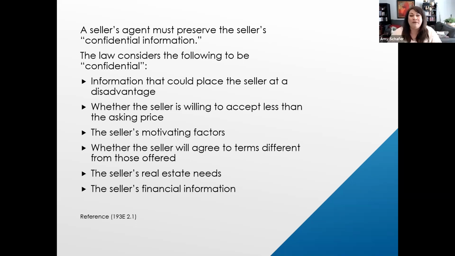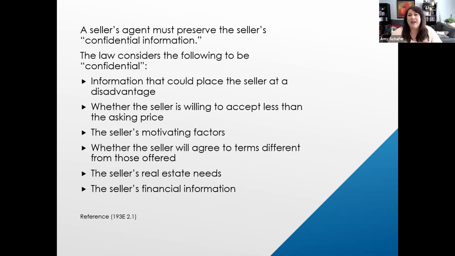The seller's motivating factors. This could be a big job transfer or job promotion. It could be a divorce. That's always a big one. Again, anything that would put them at a disadvantage when negotiating, we need to keep those things confidential. Whether the seller will agree to terms different than those offered, I think probably the big one we see with that is when we list properties, we maybe detail out what types of financing the seller is willing to work with.